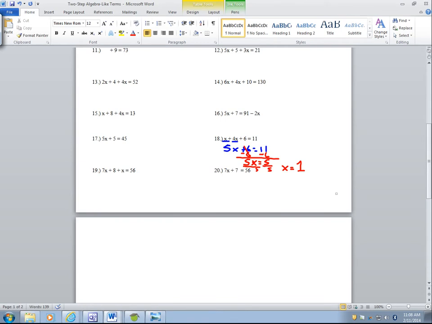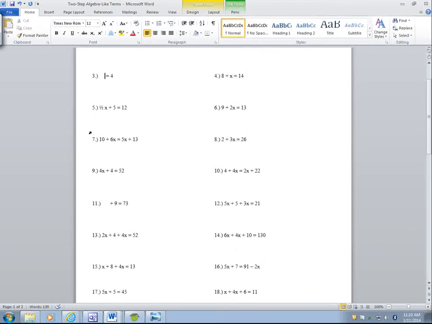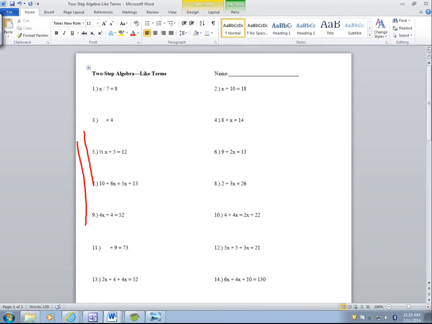No, hold on. Hold on. It's exactly what we just did, though. Now, let's look. 3 is just 1/3 D. So what do you got to do? Multiply each side by what? No. What do we do up here?